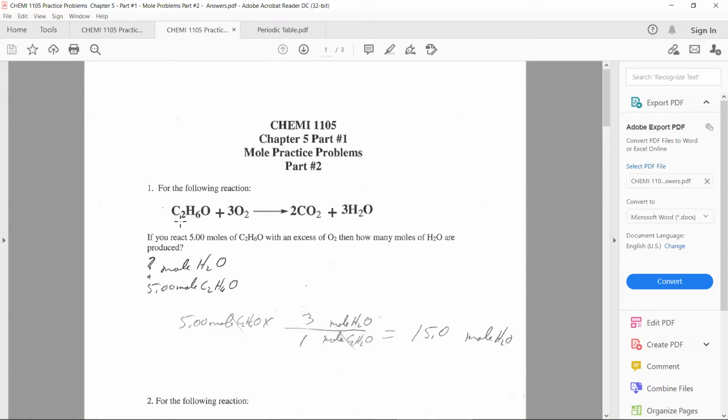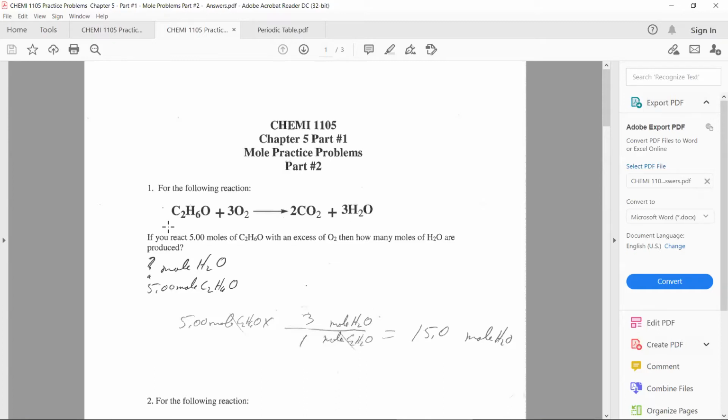But anyways, back to this, you're given this chemical equation also. So we have 5 moles of ethanol. We're trying to get moles of water. How do we proceed? If I had a ratio, moles of water goes on top, moles of ethanol, C2H6O, goes underneath. Where do I get these numbers? Notice up here, 1 mole of C2H6O reacts with oxygen to make 3 moles of water.